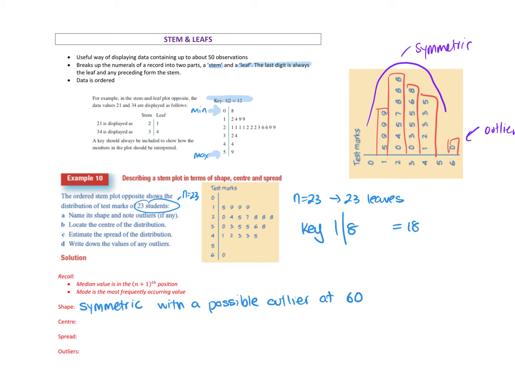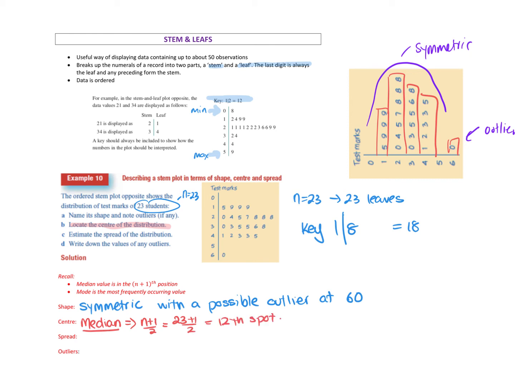Now it's asked us to locate the center. So the center is the median. We're going to find the median at (n plus 1) divided by 2. We knew that n was 23, so it'll be in the 12th spot.